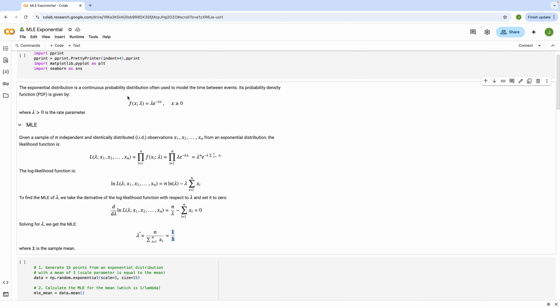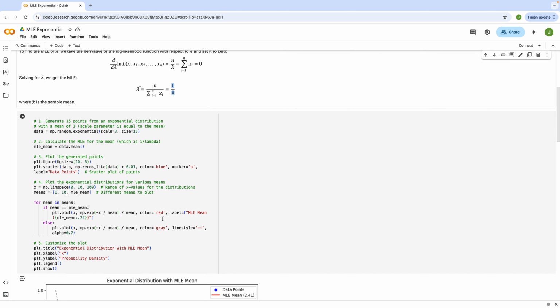If you use a slightly different formula for the maximum likelihood estimator, you're going to get a slightly different estimate. So just keep that in mind.